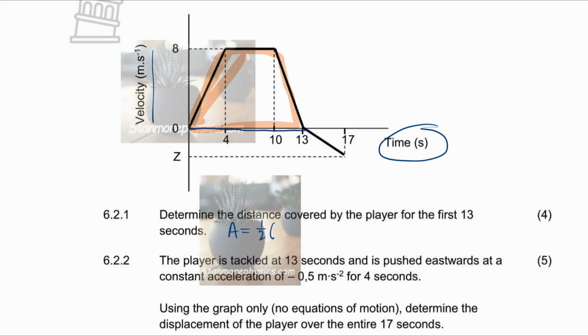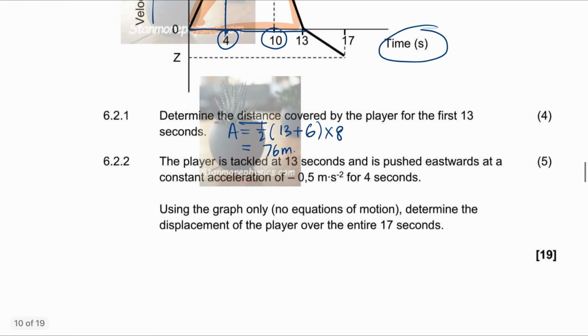So this is 13 plus this is from 4 to 10, so that's a length of 6, multiplied by the height. The height here is 8. And so that's equal to 76 meters. Remember, they asked for distance, so we do not need to give a direction.